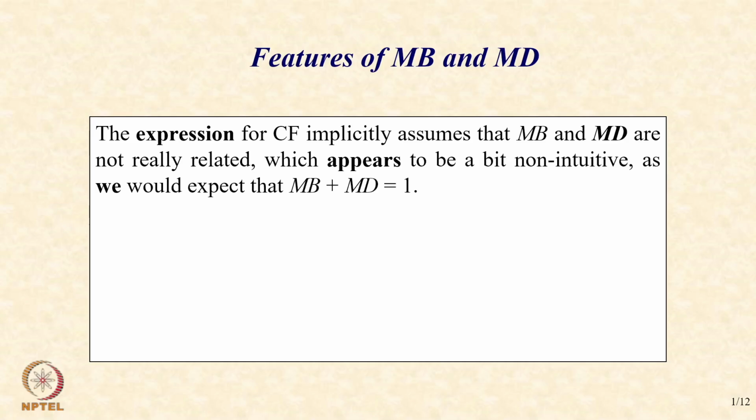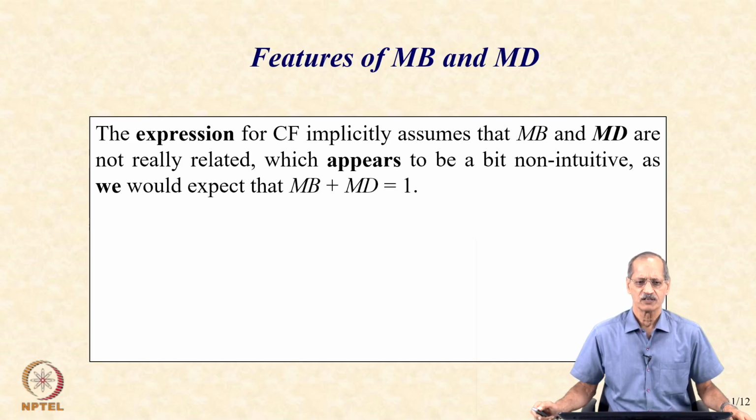So, let us begin. If you recall, the expression for the certainty factor and the fact that all the evidences are independent automatically brings in this assumption that MB and MD are independent or not really related.